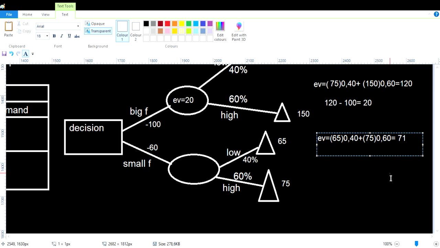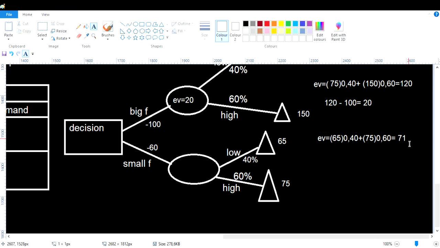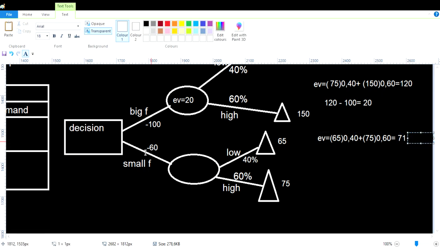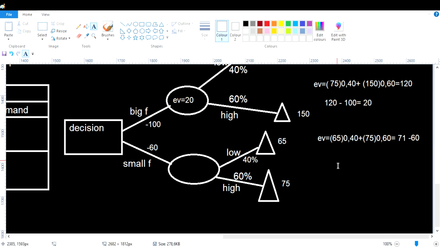Then here we have to minus the build cost, which is minus 60. We have to minus by 60. Therefore the answer is equal to 11.